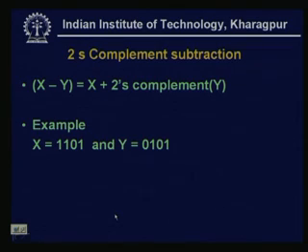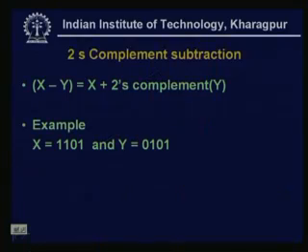This is a very important result. If I want to subtract y from x, that means x minus y, there is no separate subtractor needed if the 2's complement of one number is available. Then the same adder circuit can be used for this subtraction. See this x minus y.